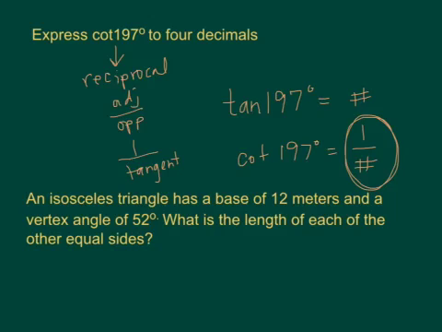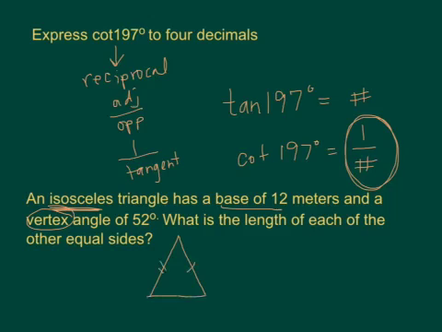The final problem I just want to point out, some vocabulary here: isosceles triangle, base of 12, vertex. Oh my gosh, this is just full of juicy vocabulary. We want the equal sides. So if you didn't know it, isosceles triangles have 2 equal sides. The vertex angle of this triangle, I guess it matters which vertex we're talking about.